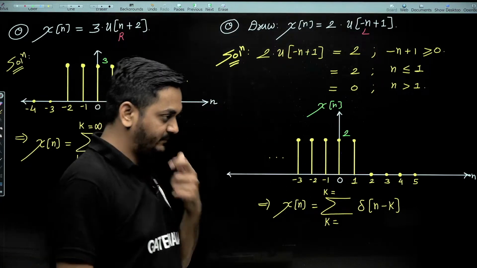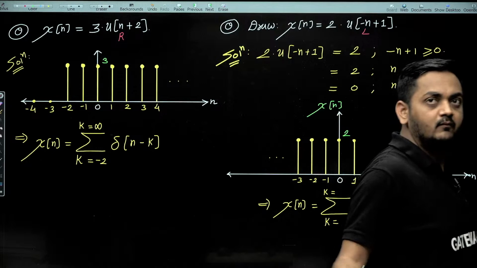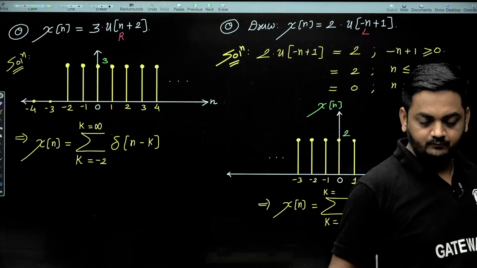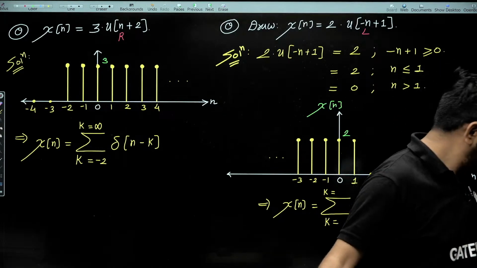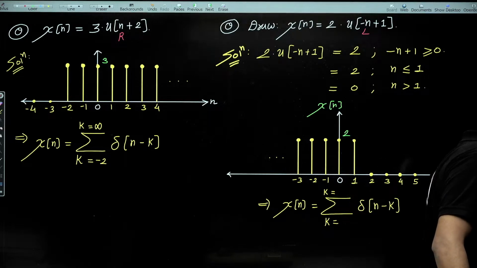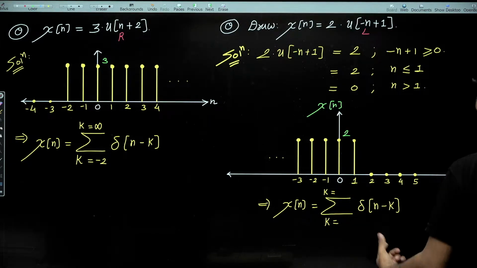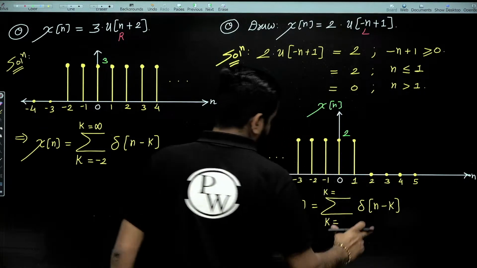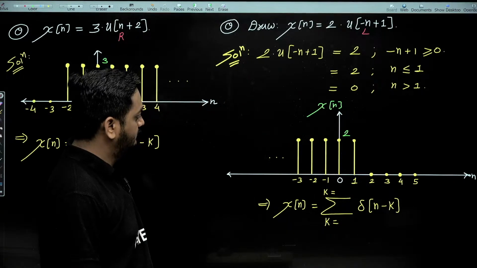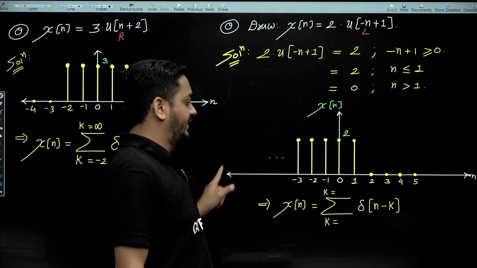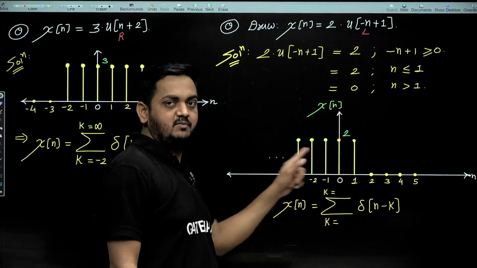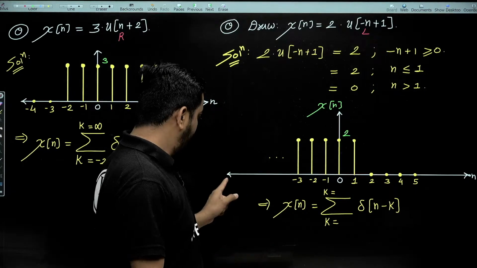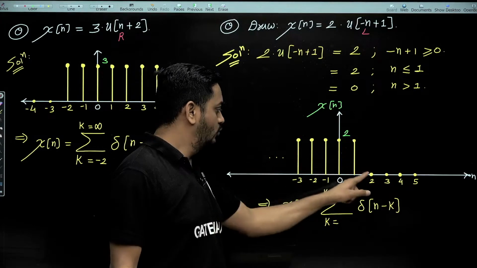Tell me, k starting from 1 to minus infinite, or you can write minus infinite to 1 also, guys.